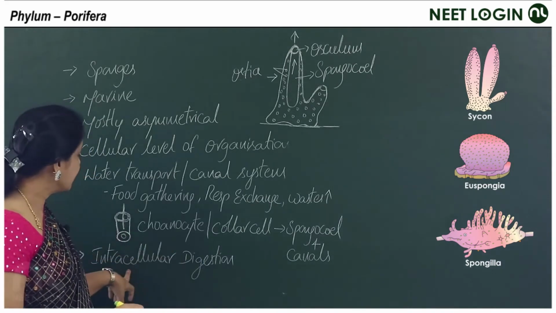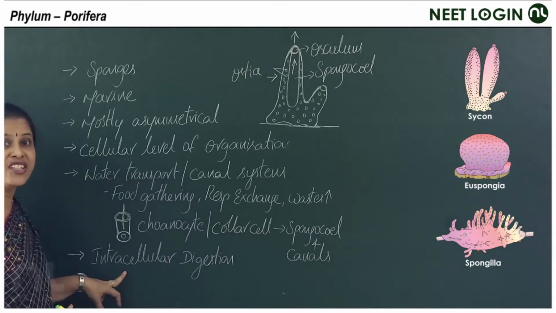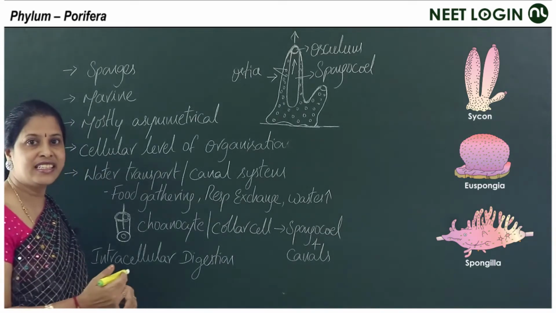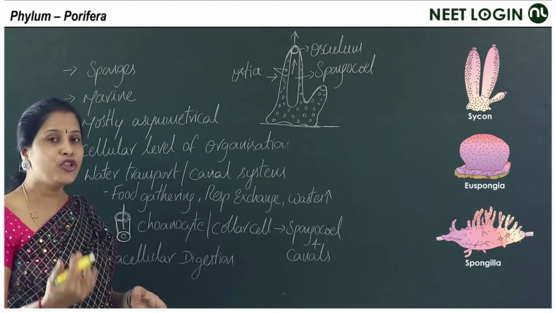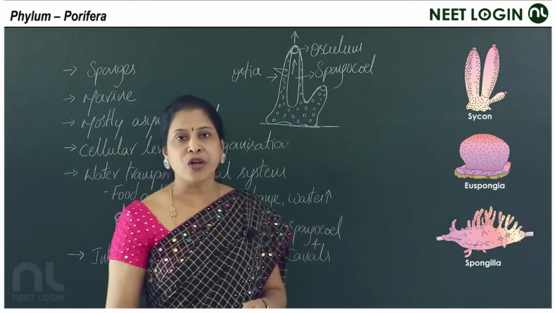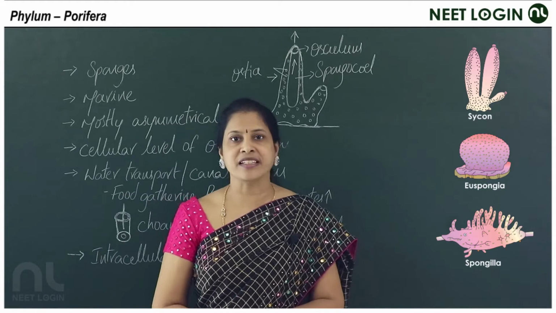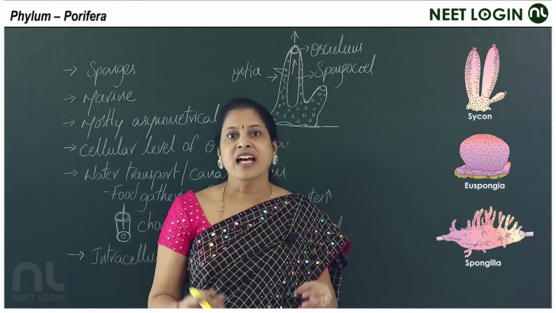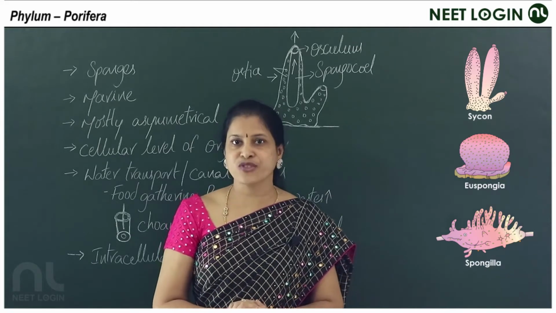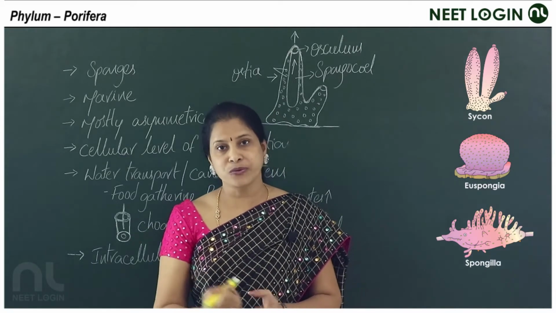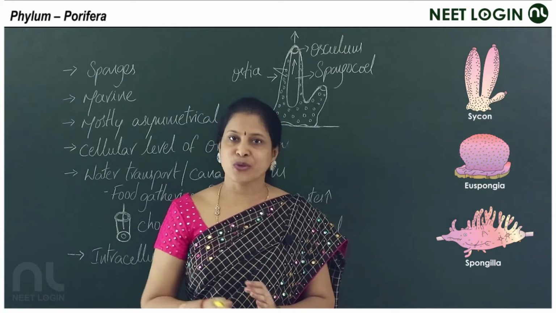Coming to the next point, digestion. It is an intracellular digestion. The digestion occurs inside the cells. Based on your previous knowledge, I hope you remember this from the introductory part of the animal kingdom. In sponges, though they are multicellular, the cells are not organized to form tissues, and you know well these cells show functional isolation.